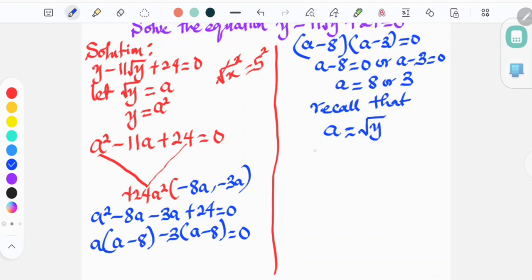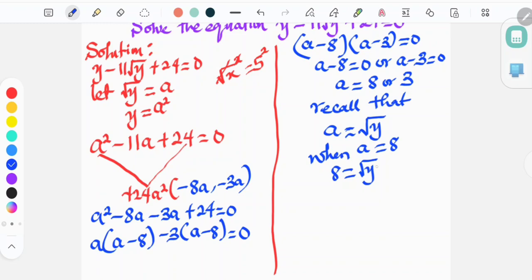Now that we have gotten a, we can say when our a was equal to 8, it means that 8 is now equal to the square root of y.